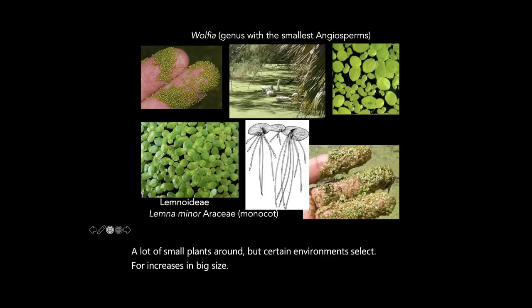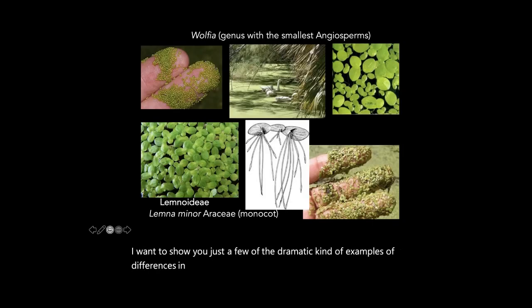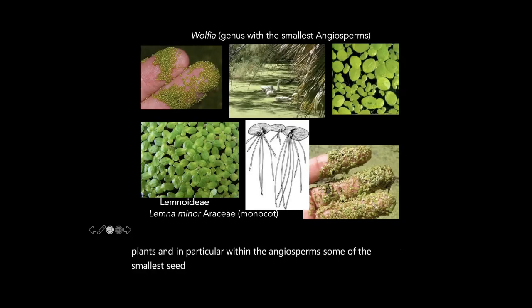So I want to show you just a few dramatic examples of differences in size. Within the seed plants, and in particular within the angiosperms, some of the smallest seed plants around are Wolffia and duckweed, which is Lemna.